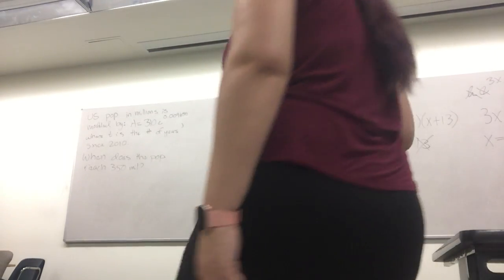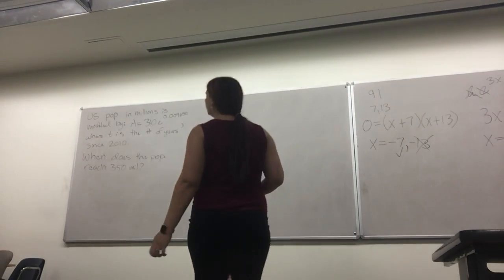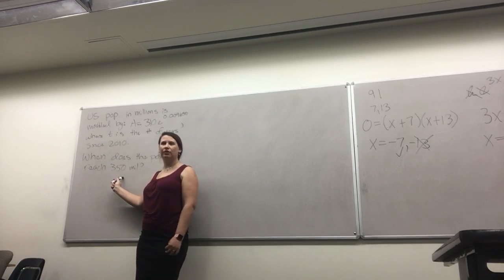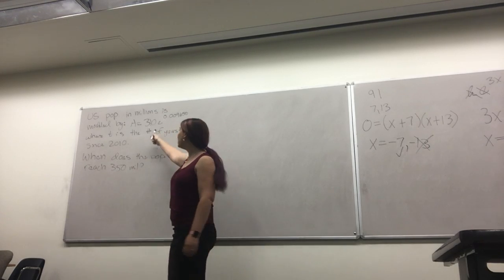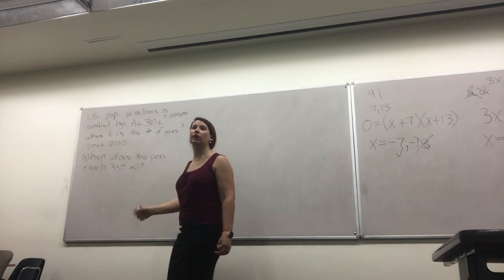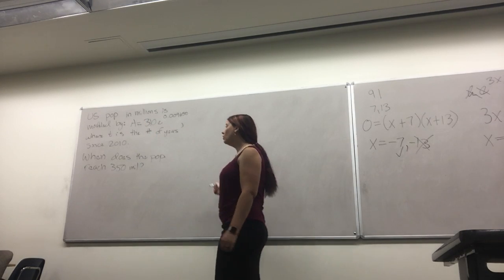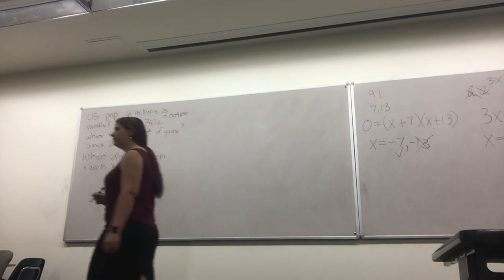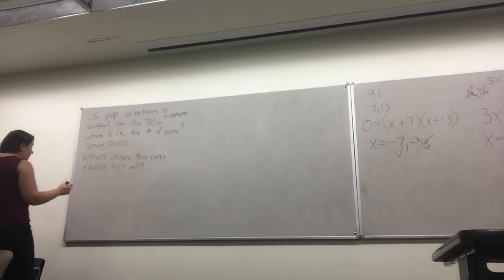Well, what is the amount? So where do we plug 350 in? For A. They gave us the initial already. In 2010, we had 310 million. So now, when does it reach 350? So that's just plugging in 350.